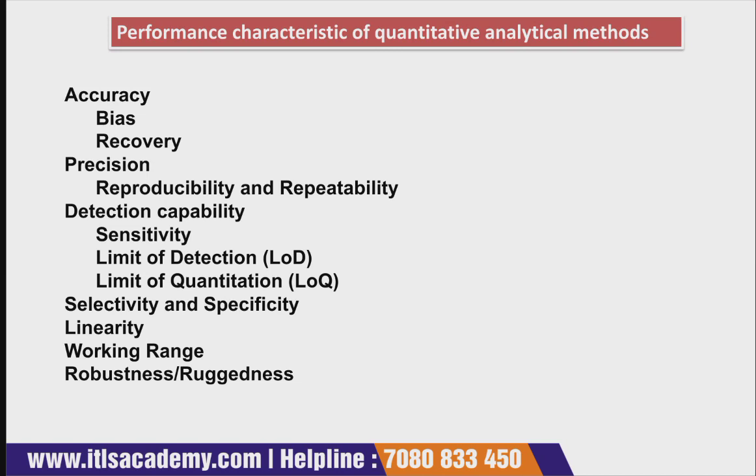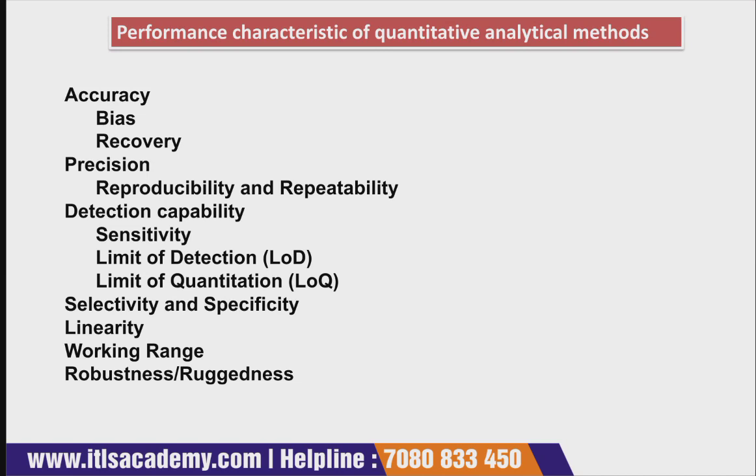Then precision, and under accuracy there should be bias and recovery, means the sample should be recoverable, because we have studied different techniques where the samples could be recovered after the method took place, after the process ends.